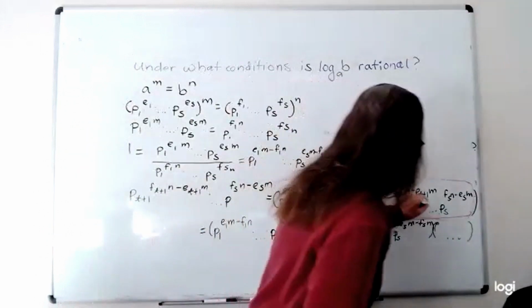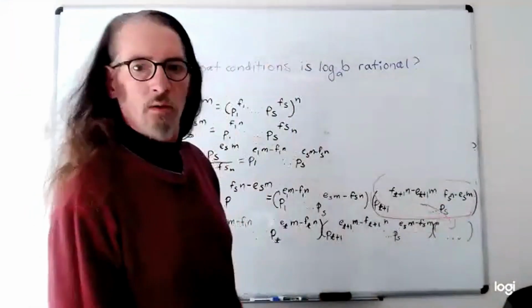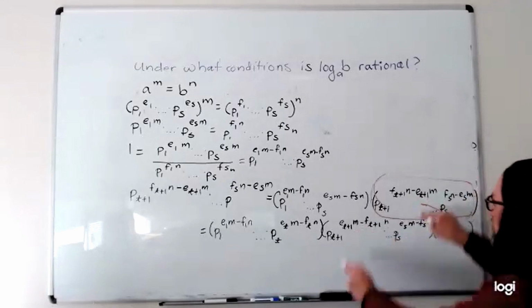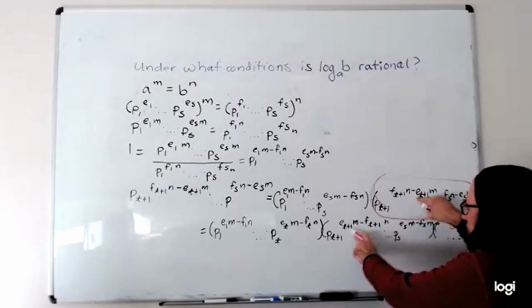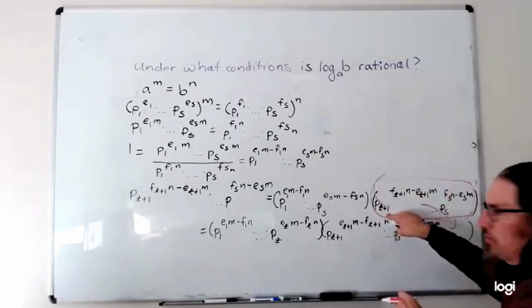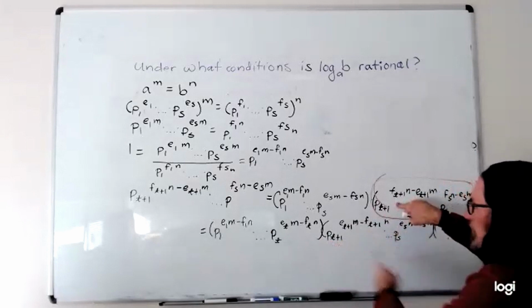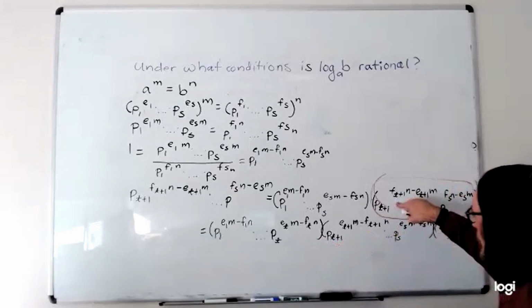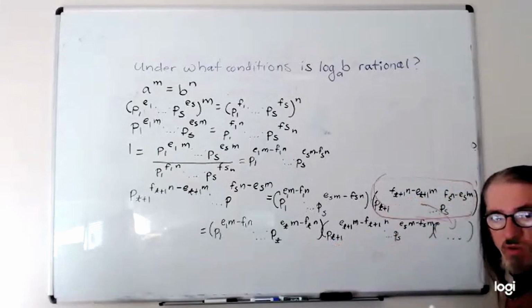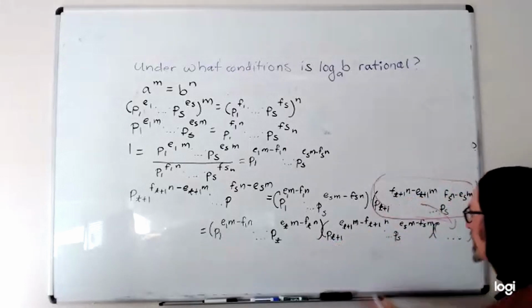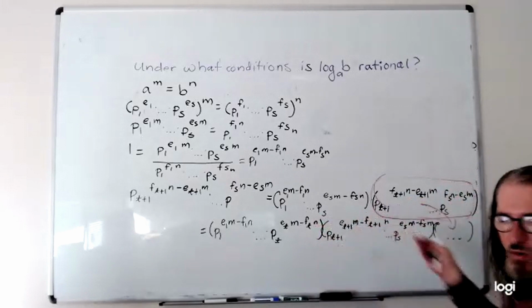If we take this part that we already had on the right-hand side, because the exponents are negatives of each other for respective primes, then multiplying the things with the same prime base, we would have p sub t plus 1 raised to the 0 power on up through p sub s raised to the 0 power. These would be 1s. Product of 1s is still 1.